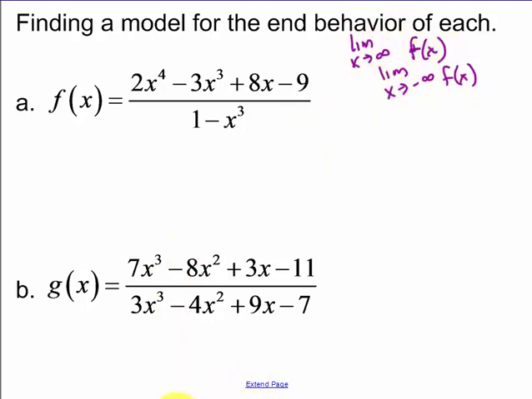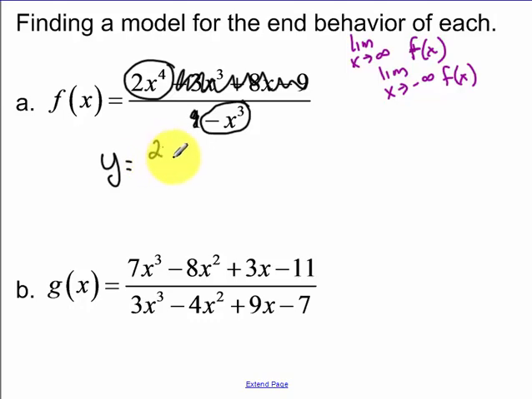So what you want to look at is the term with the highest power on the top, the term with the highest power on the bottom, and all of these other terms don't really mean anything. So really what we're looking at is 2x to the fourth over a negative x to the third. Simplify that, and that simplifies to a negative 2x.